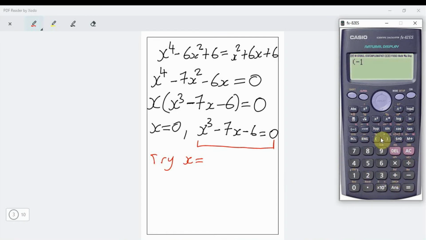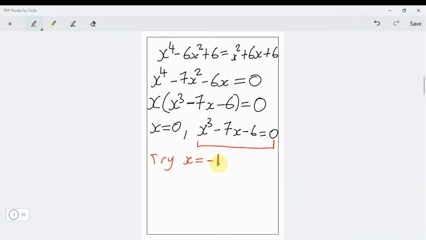We're trying x as negative 1. Negative 1 cubed minus 7 times negative 1 minus 6. That is, oops, my bad. I said negative 1 didn't work. Don't laugh at me, please. Negative 1 actually worked because we did get 0.